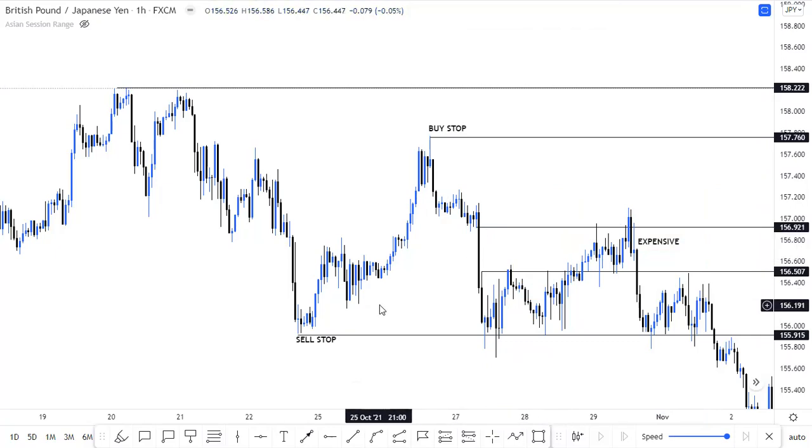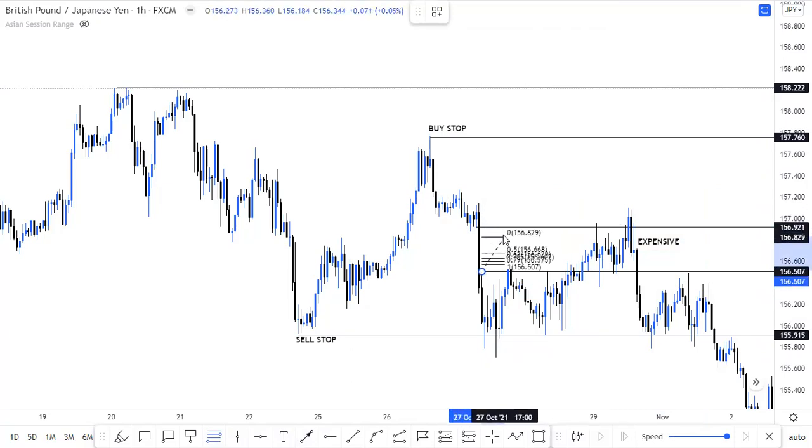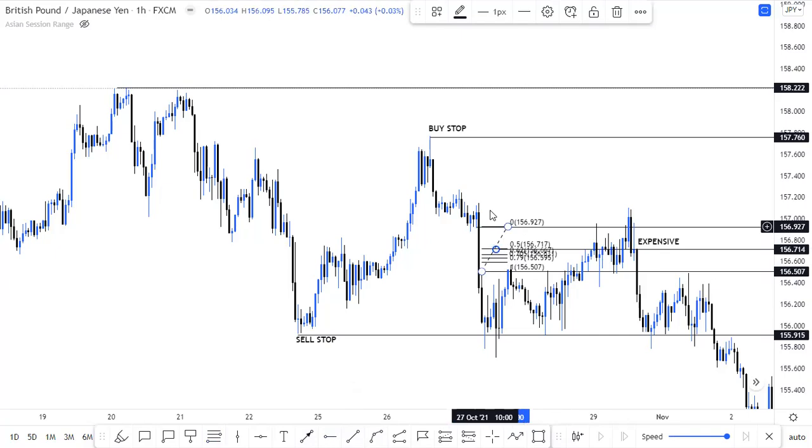So I like to use it. If it's big enough, you can draw a fib so that you can pick the 50%, for those two. Okay, so the 50% is right here. After doing that, you can remove the fib.